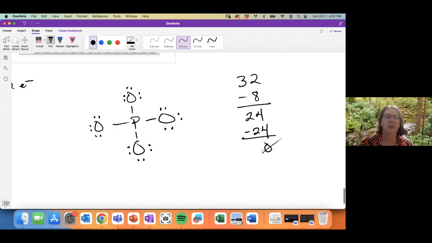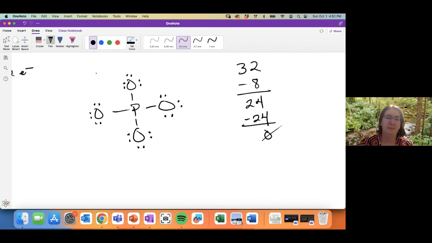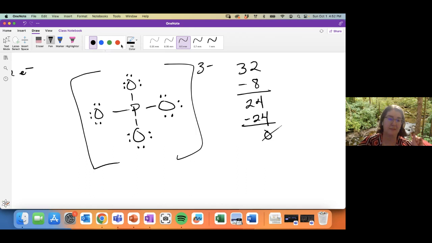Oh, let's double check. I haven't actually done that yet. If I was finished, I'm going to throw these brackets up before I forget. So I apologize that I'm not finished yet, but I'm going to put the brackets and the charge on the outside so I don't forget to do that. All of my oxygens look the same. So I can take any one of these and I can count in here. This oxygen is sharing 2 electrons with phosphorus, and then it's got 3 sets of lone pairs. So this is 2, 4, 6, and 8 electrons.